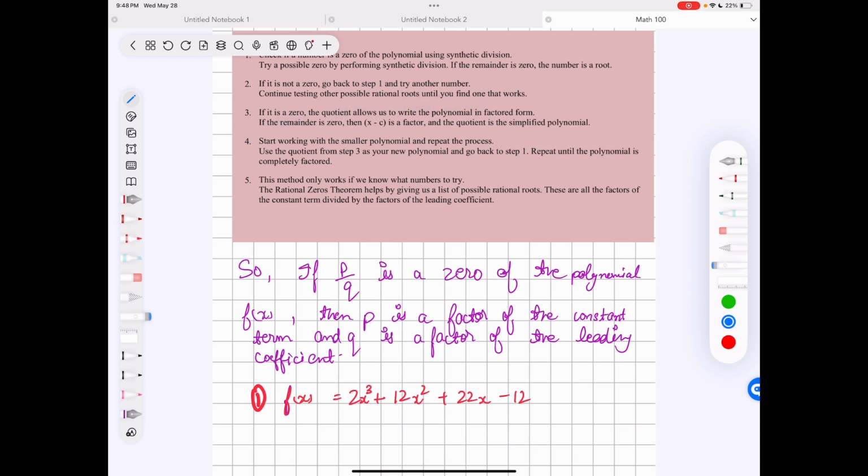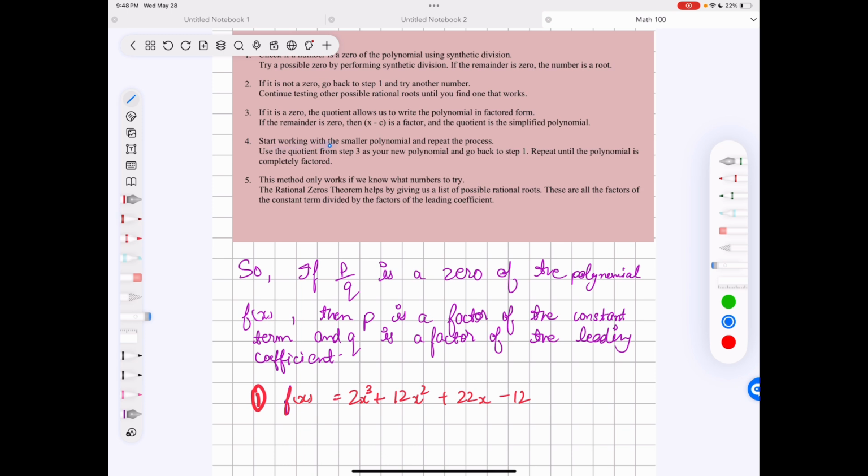If the remainder is 0, the quotient allows us to write the polynomial in factored form, just like we did before. If the remainder is 0, then x minus c is a factor, meaning x minus a is a factor, as we learned. And the quotient is a simplified polynomial.